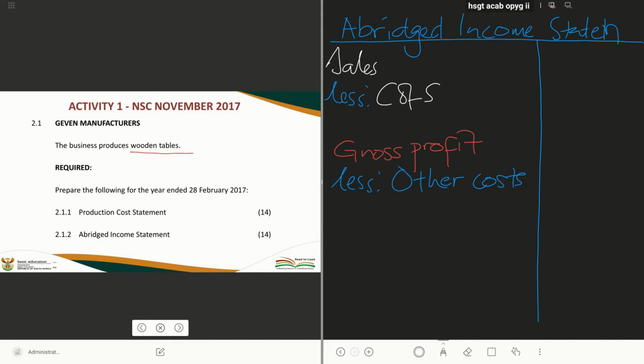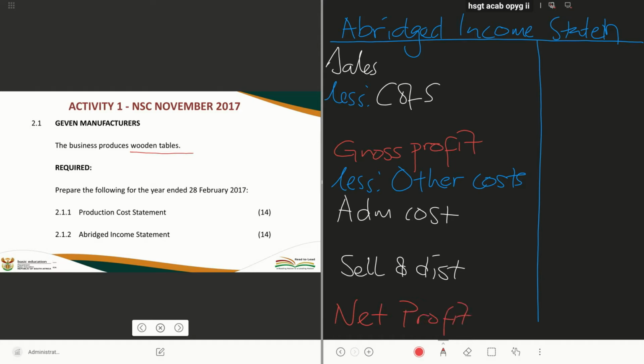That is your admin costs as well as your selling and distribution costs. Then our final answer will be what? Our net profit. There you are, my dear learners, with your formats.